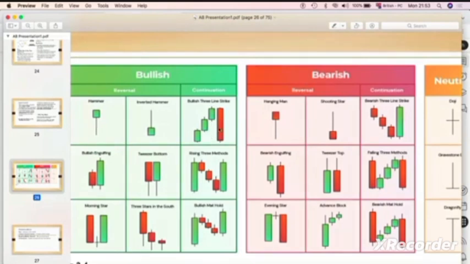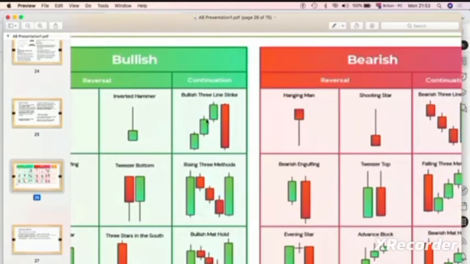Most traders give them different names, but in the opinion of most traders, this is an engulfing candle. This is an engulfing candle, but it's still a bullish continuation pattern. So you call this the bullish three line strike.